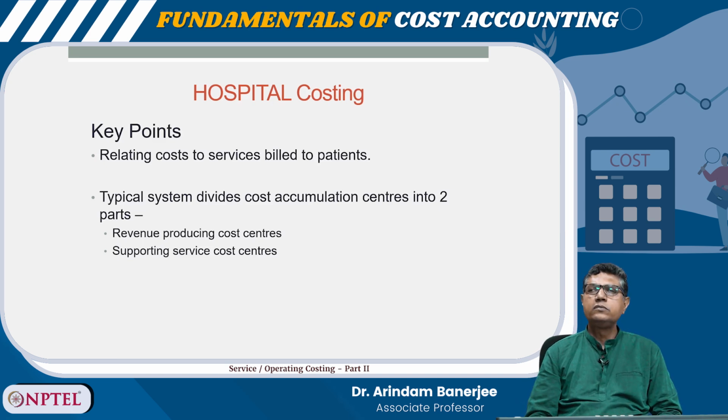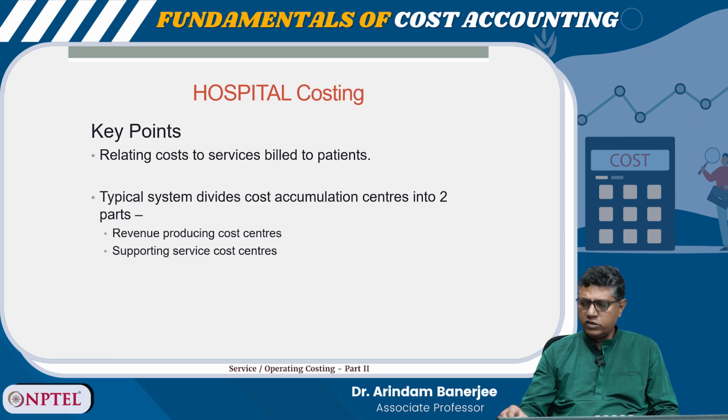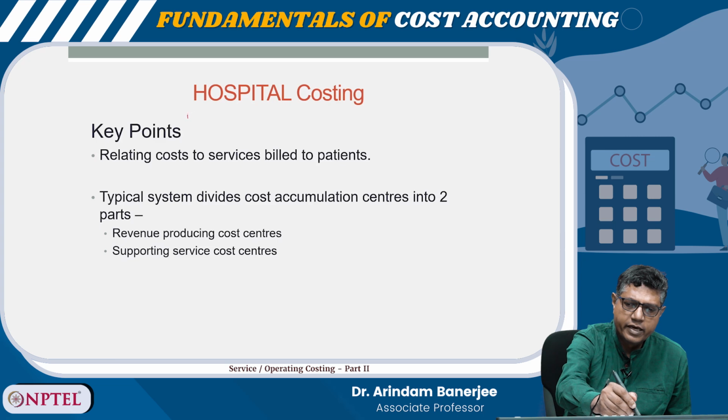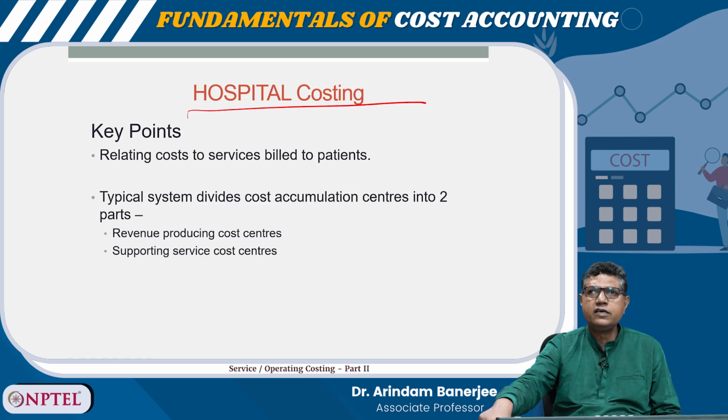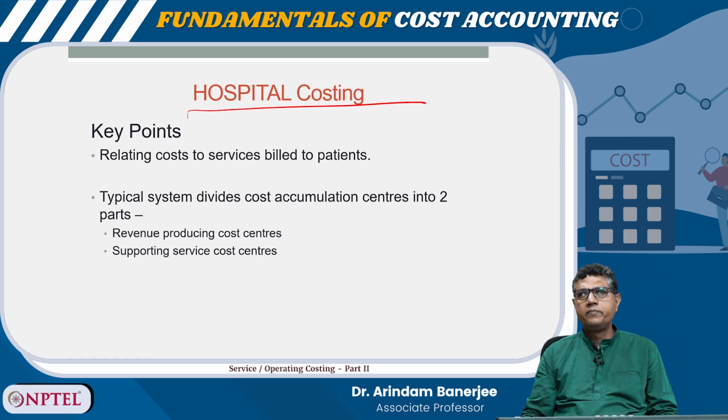Okay. Now we will discuss how the service cost can be computed in case of a hospital. So in case of hospital costing, what are the key points? It is related to the cost of services billed to patients first, and the typical system divides cost accumulation centers into two parts.